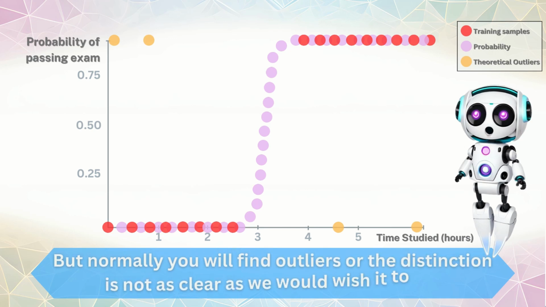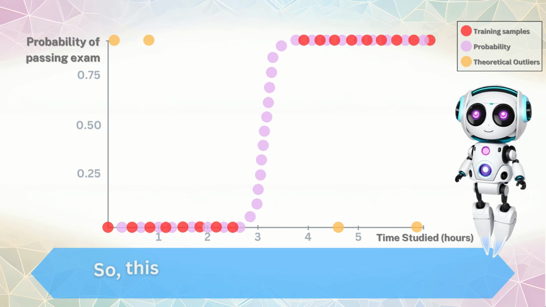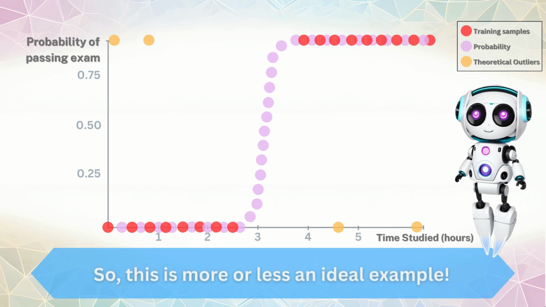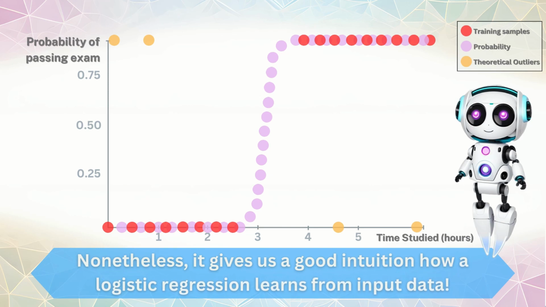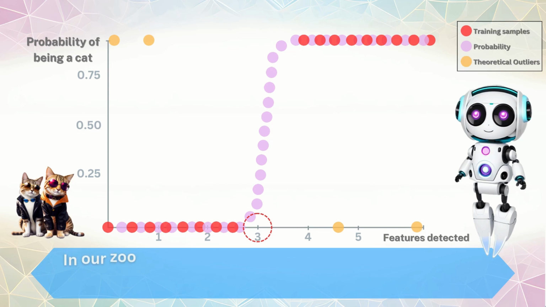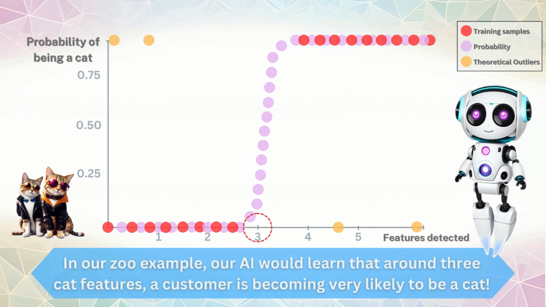But normally you will find outliers or the distinction is not as clear as we would wish it to be. So this is more or less an ideal example. Nonetheless, it gives us a good intuition how a logistic regression learns from input data. In our zoo example, our AI would learn that around 3 cat features, a customer is becoming very likely to be a cat.